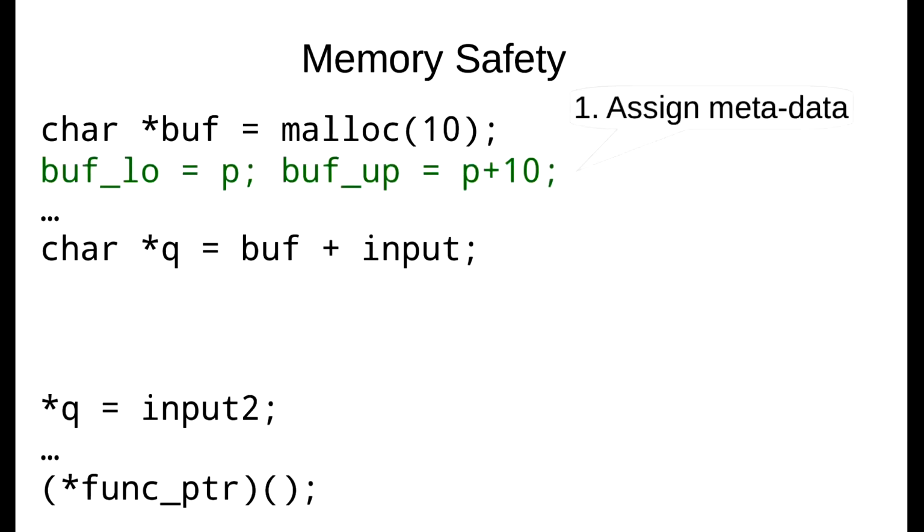So first of all, it assigns metadata to all the pointers. As soon as we declare buffer, there are two additional variables declared that contain the lower and upper bounds of the buffer itself. So we have a lower pointer and an upper pointer, and those are carried along all the accesses and so on.